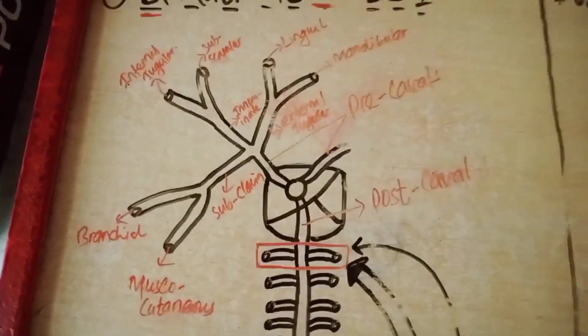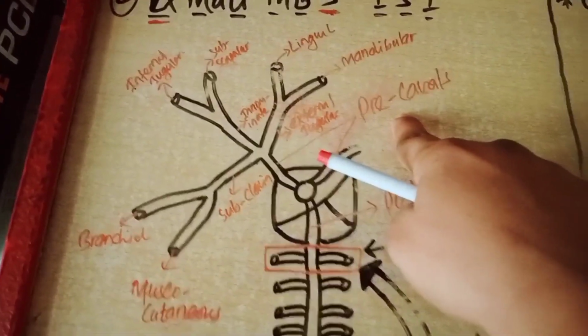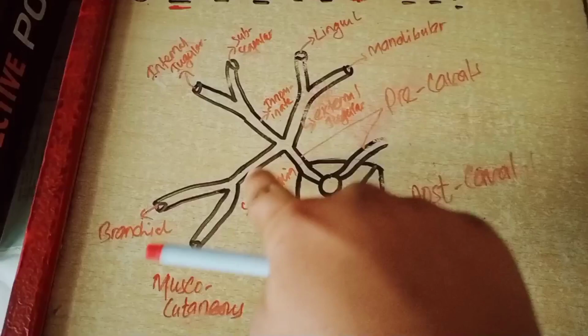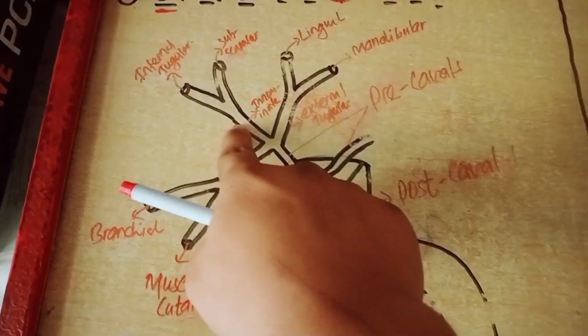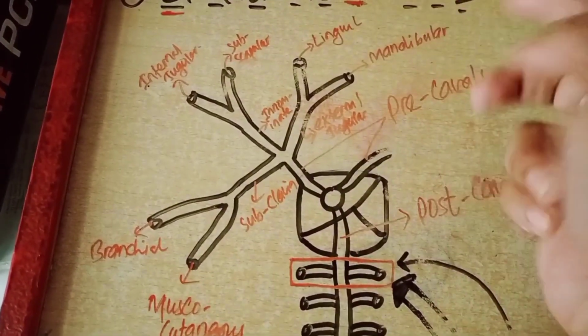So precaval has three branches: external jugular, subclavian, and innominate, and then each branch has its two branches.